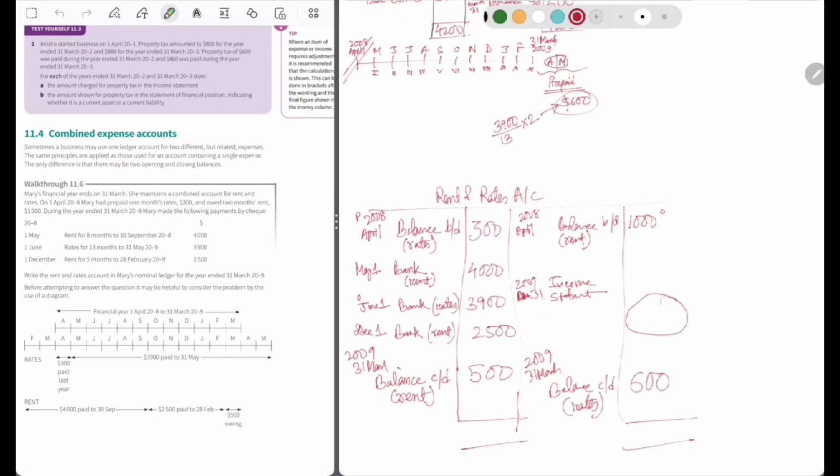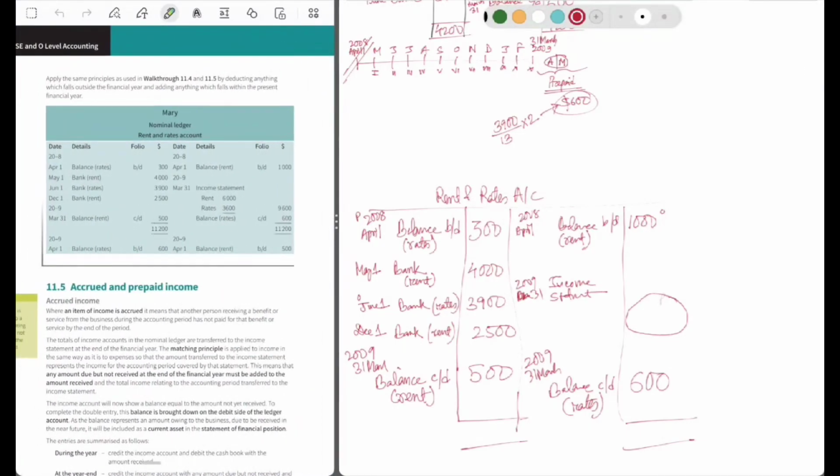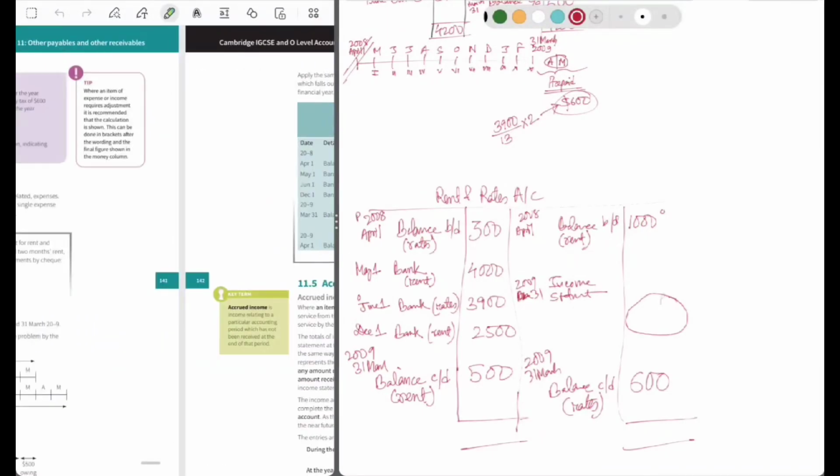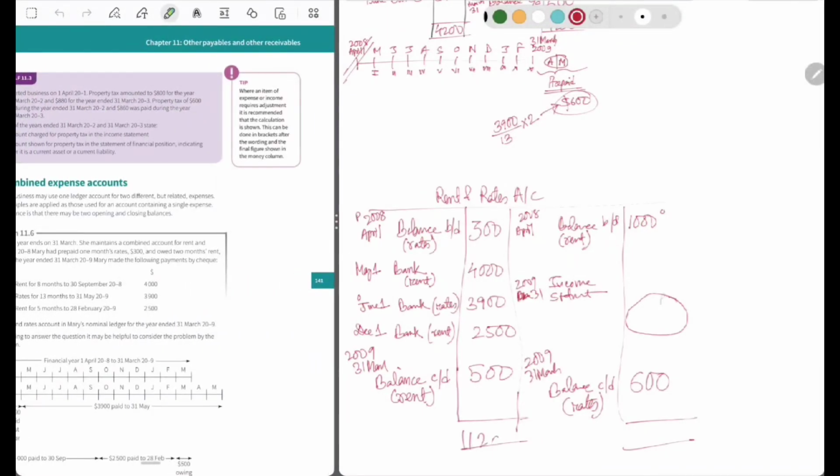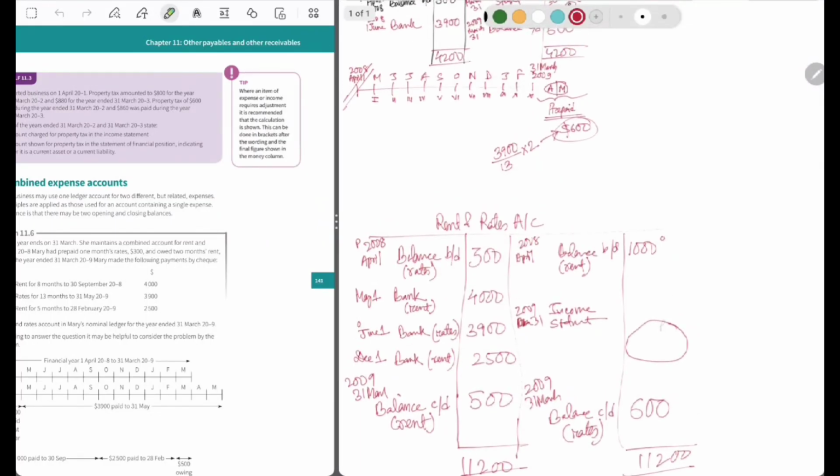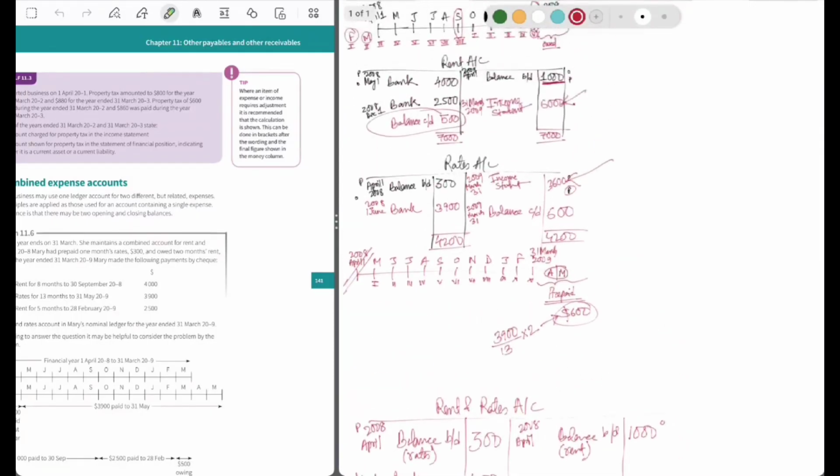Find the total amount that is transferred to the income statement. This will be here, and when you do total both the sides, you will find that this side total is how much. Just let me have a quick glance. This is 11200. If you see the gap, this portion balancing figure, you will find out to be 9600.